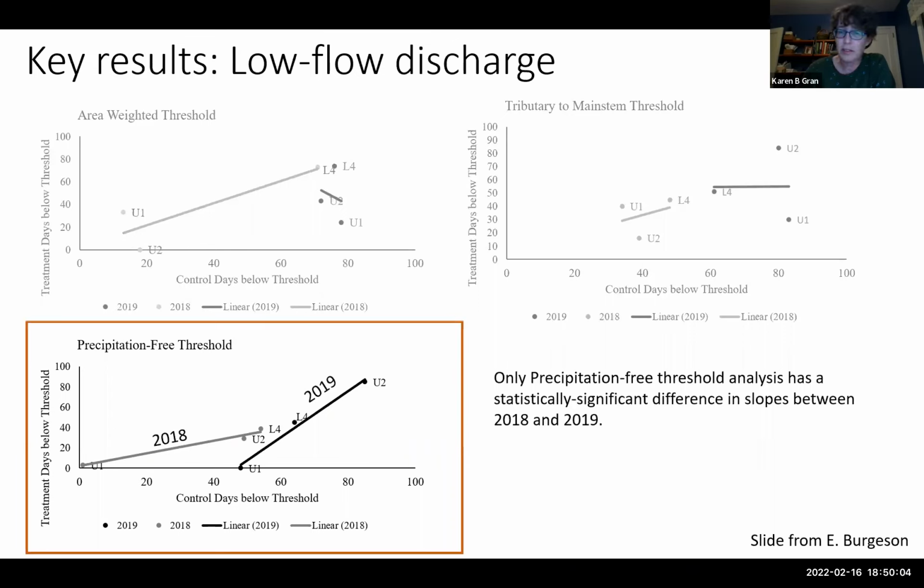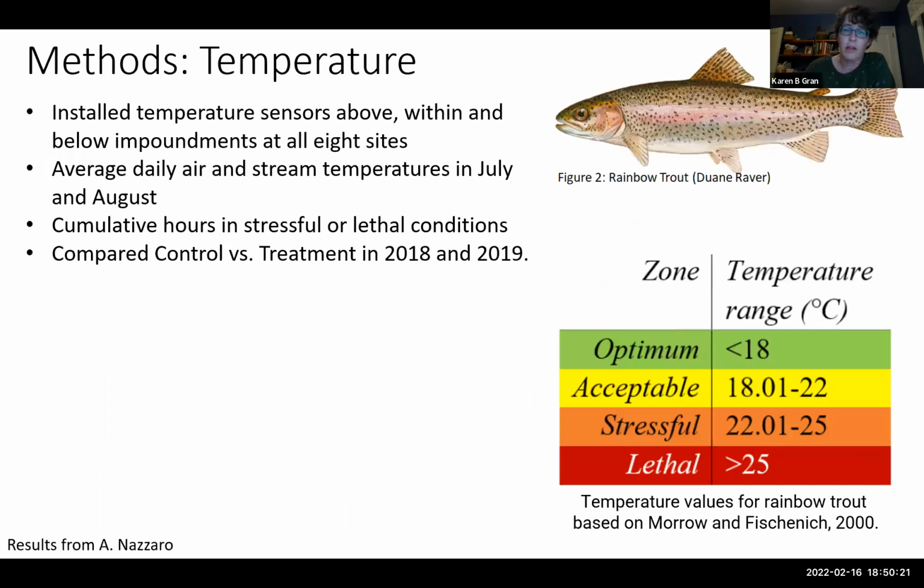It has a statistically significant difference in slope between 2018 and 2019. The slope increased from the first year to the second year, and that indicates that removing the dams led to more time spent at low flow in the second year. So that's sort of a quick summary of the discharge data.